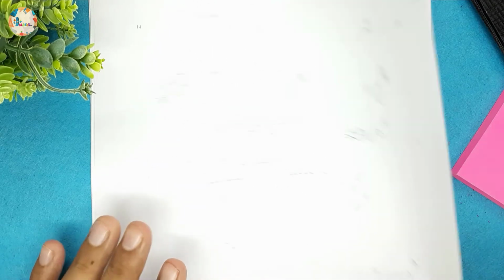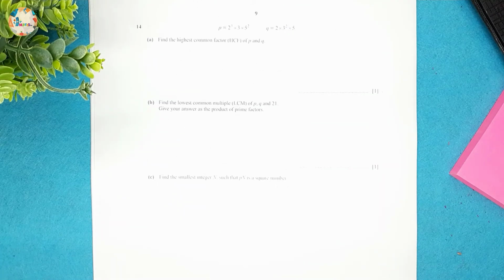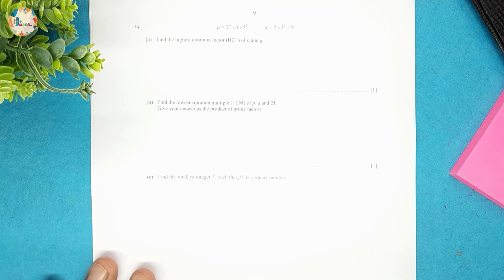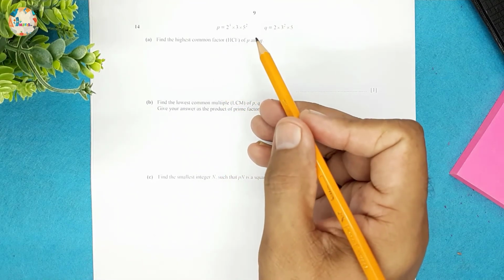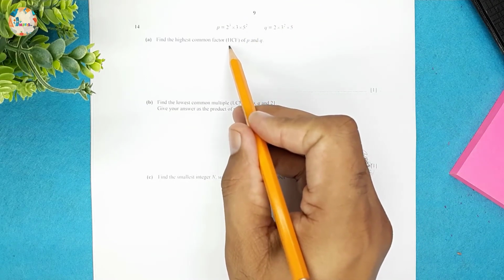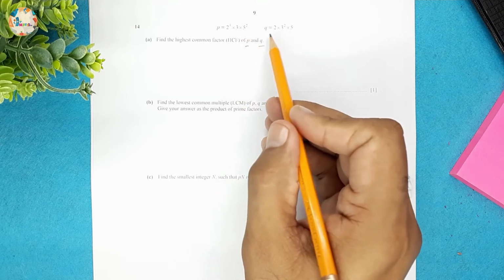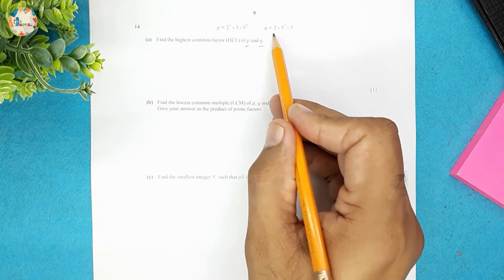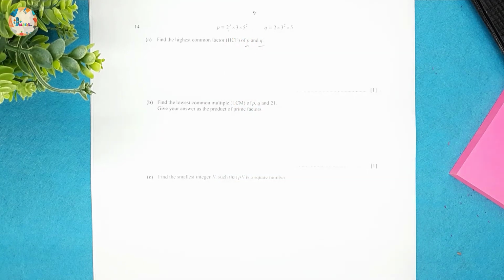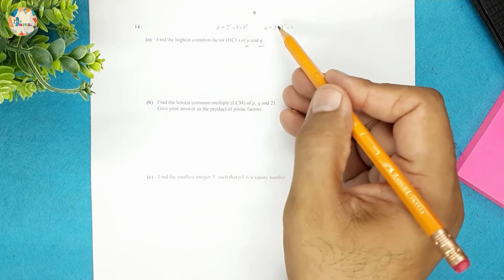Now the next question is question number 14, and this is to find the highest common factor, HCF, of P and Q. So for the highest common factor, we will be checking the common numbers in both.